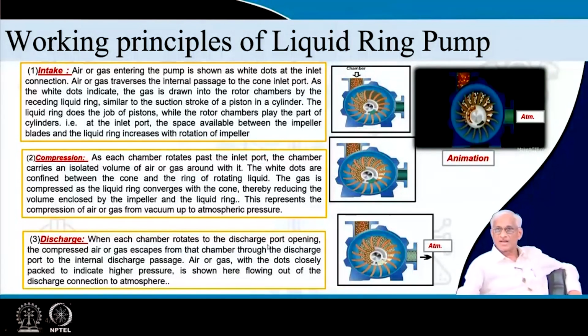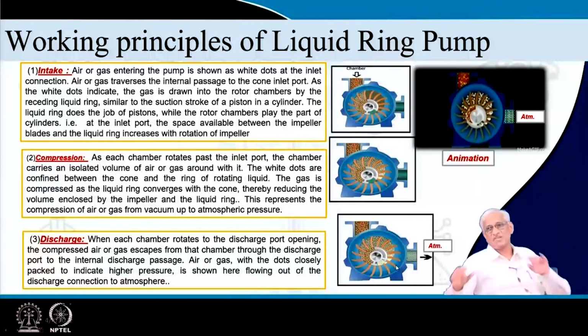That cylinder is in turn located in another metallic chamber, but for us the liquid's inner surface itself is a cylinder. So, this acts like a cylinder and the impeller volumes act like a piston, in an equivalent way. So, intake, compression, discharge, if you understand the various stages, you get a feel of it, and I am sure from that animation you are able to understand.